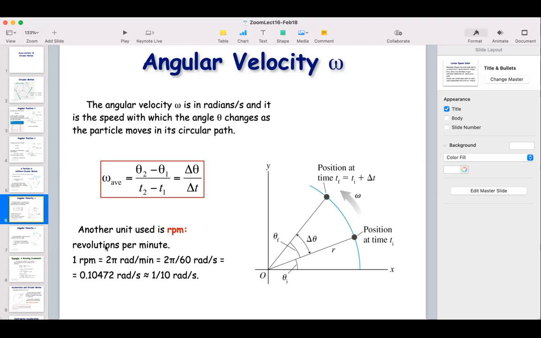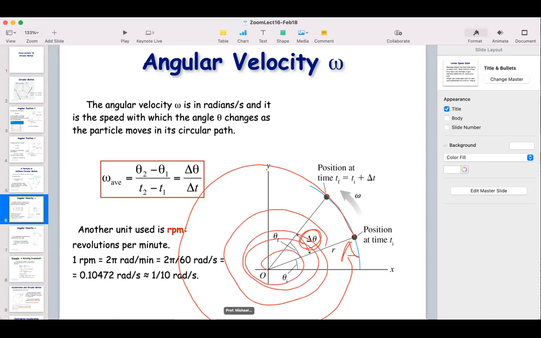In the chat, Yuna is asking why delta theta isn't 0 when the object completes one full circle and comes back around. So Yuna, delta theta is going to keep on increasing as an object goes around and around. So delta theta will become 360, 720, 1080, right? You've been watching the Olympics, you know how to add 360 really fast over and over.